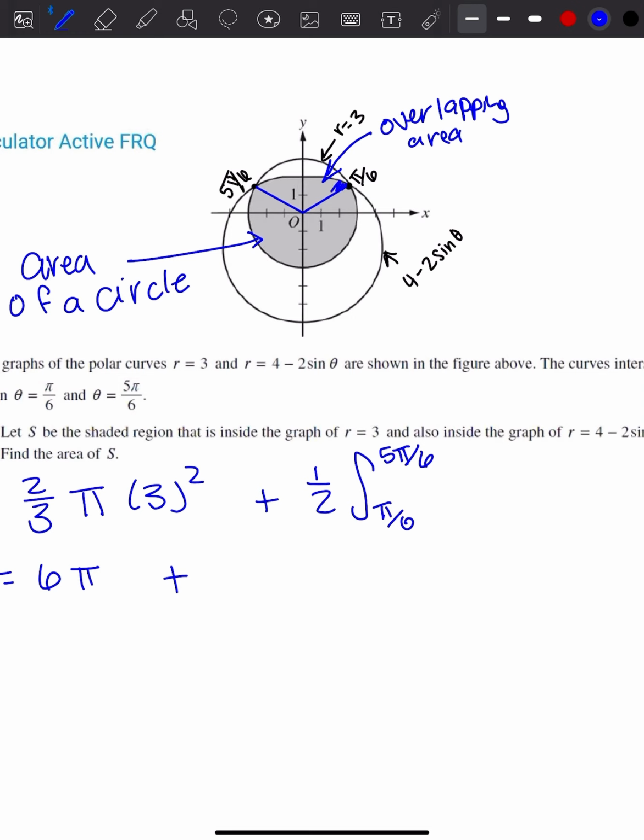We just need to worry about this area that is made up of that other function. So our radius here is going to be that 4 minus 2 sine theta squared. If I can't simplify it at all, we're going to just leave it as is.